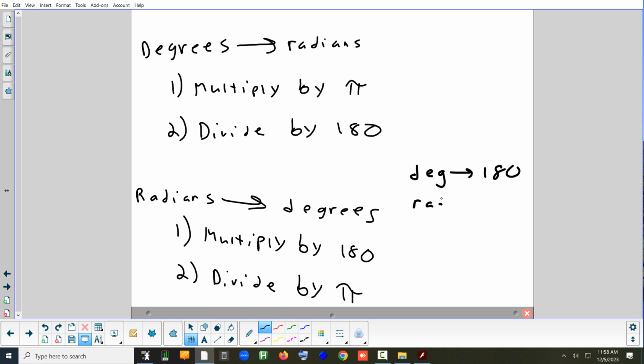Connect the idea of radians with pi. So when I say radians, I want you to think pi symbol. Degrees, think 180. If you can remember that, then all of this becomes automatic. Okay, now I'll show you one or two converting each way.